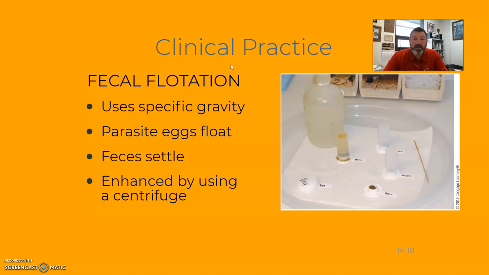All you have to do then is take a microscope slide and touch it to the top of the vial, and those eggs will stick to the slide. You can turn that slide over, set it on your microscope, and identify any parasites. If you need to enhance this, you can centrifuge them out as well. But this technique is actually pretty simple to do.